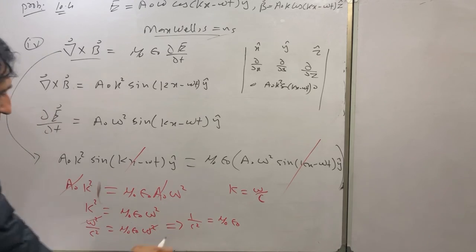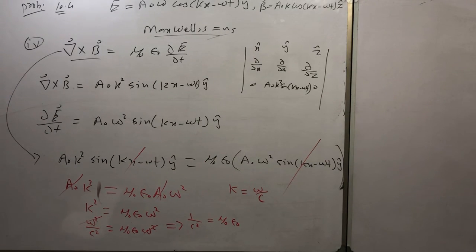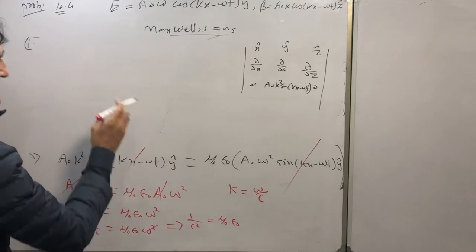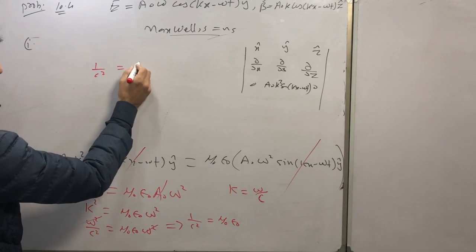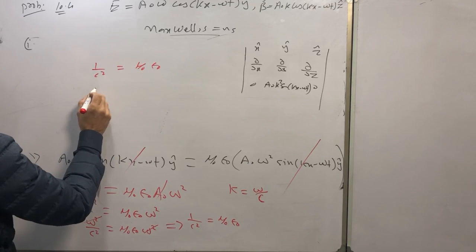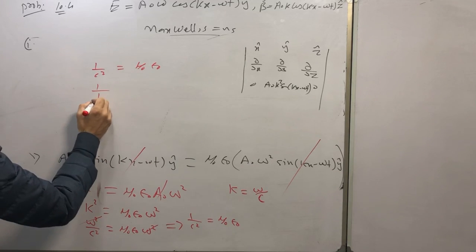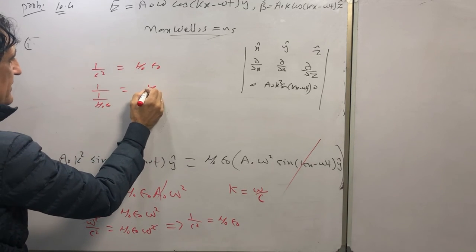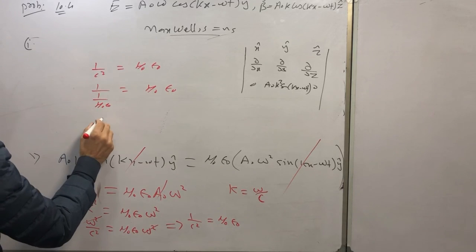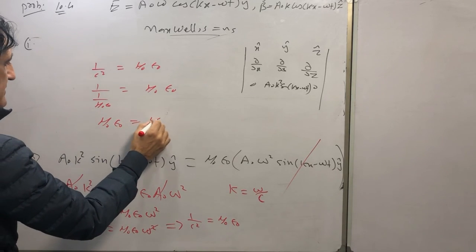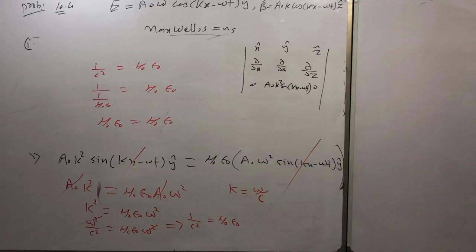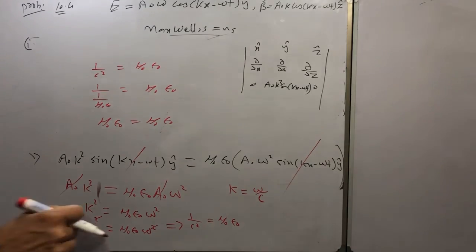But we know about c square, and this 1 over c square is equal to mu naught epsilon naught. c square is equal to 1 over mu naught epsilon naught. So mu naught epsilon naught is equal to mu naught epsilon naught. So this cancels out. So the left hand side is equal to the right hand side. So this is also satisfied.